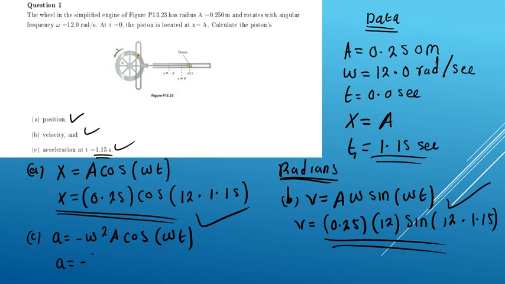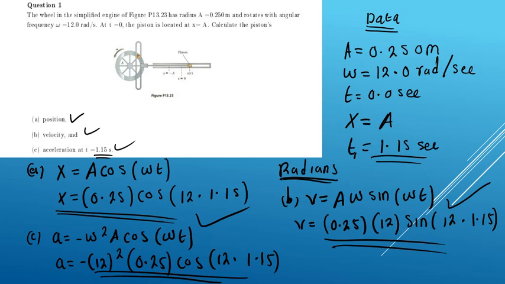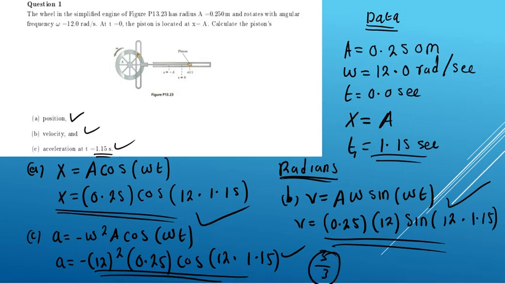Acceleration is equal to negative 12 to the power 2, amplitude is 0.25, cosine of 12 multiplied by 1.15. Of course, the calculator should be in radians. If you do this, you'll be able to get even this one correct, and you'll be able to get everything. So this is just how simple this question is.